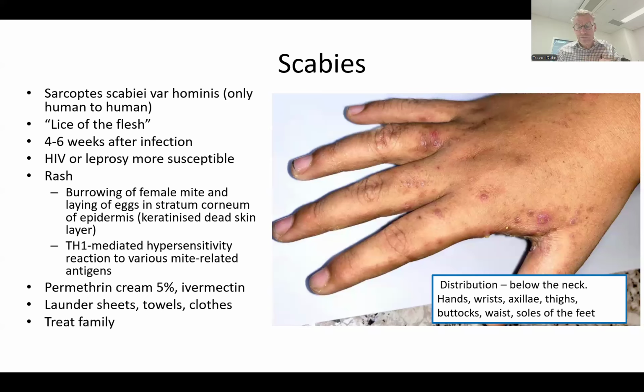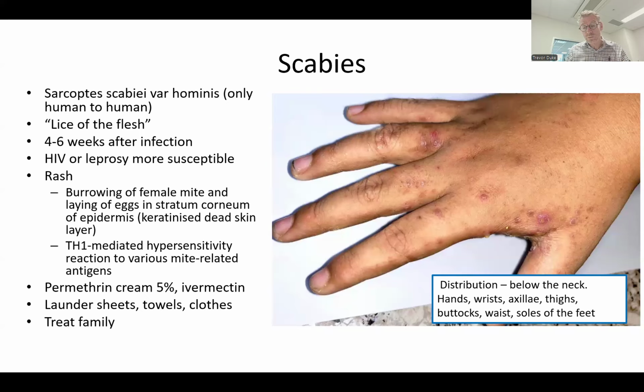So part of the rash is where you can see the female mite and the eggs and the inflammation surrounding that. And part of it is a generalized type 1 hypersensitivity reaction to antigens. That usually is a bit delayed, so the generalized rash is a bit delayed.